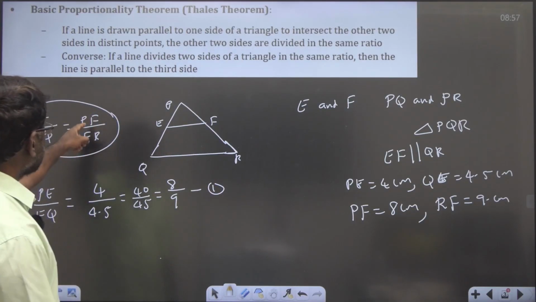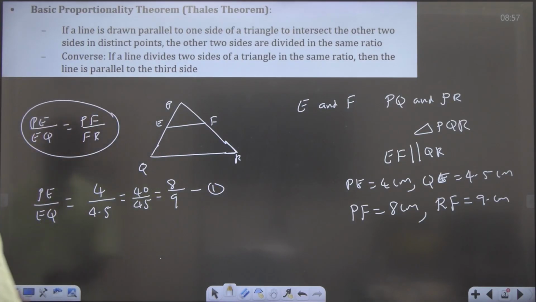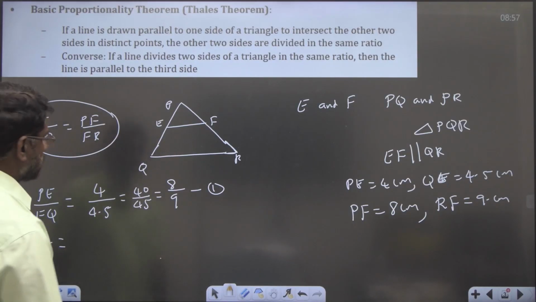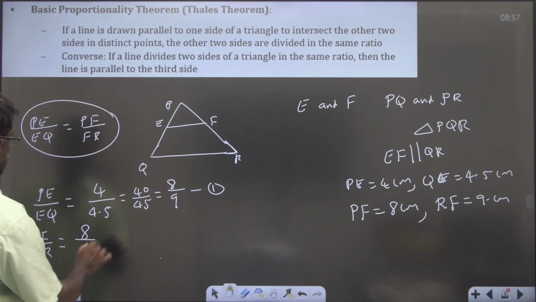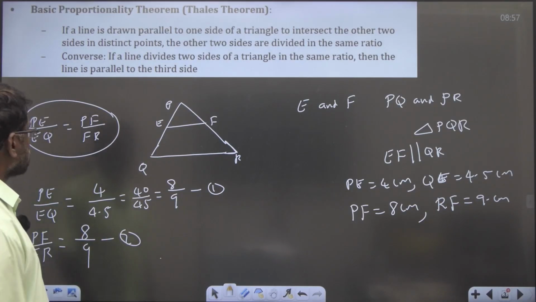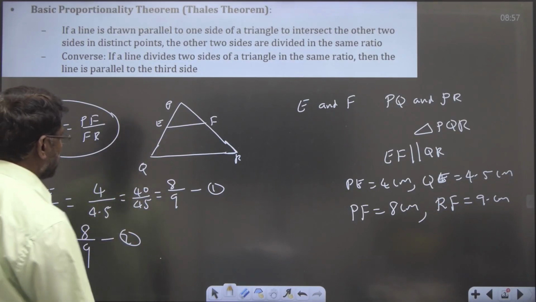Then right hand side, PF by FR, that is equal to 8 by 9. Yes, it is very clear they are equal from 1 and 2.